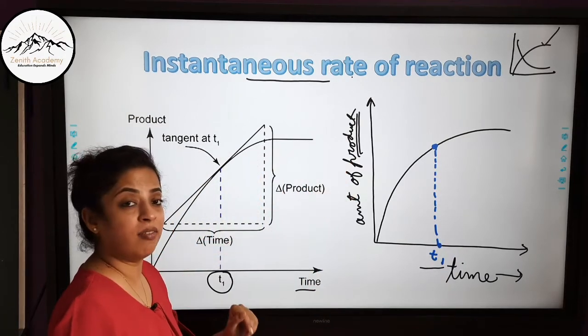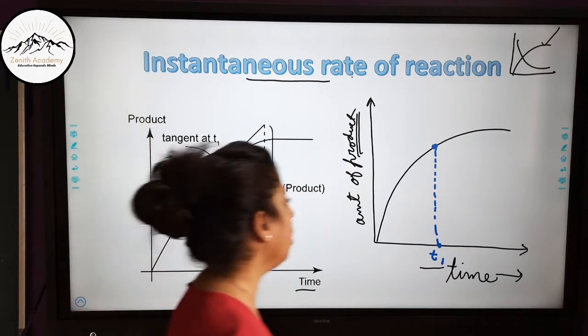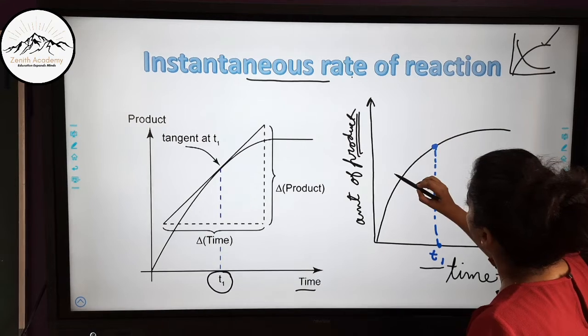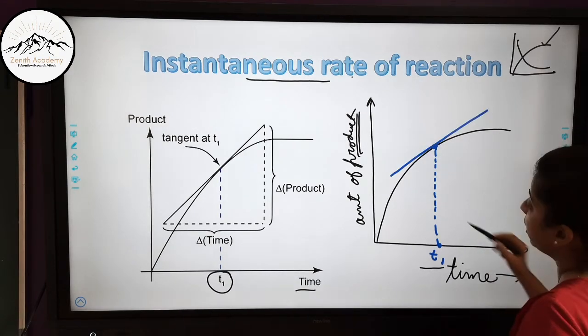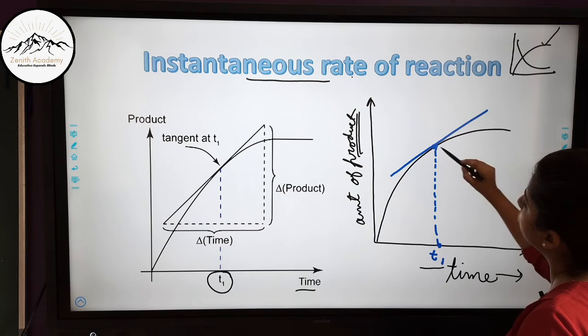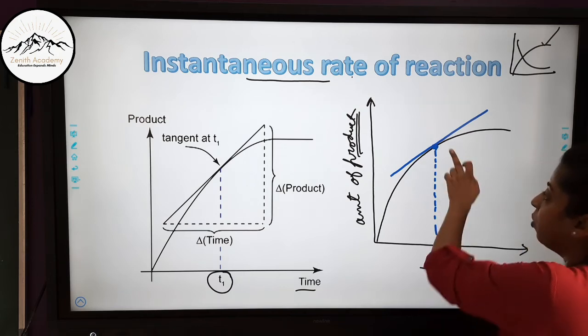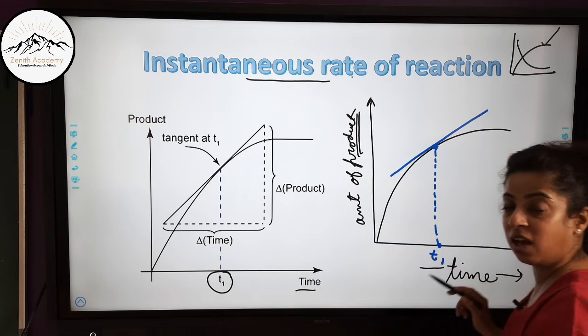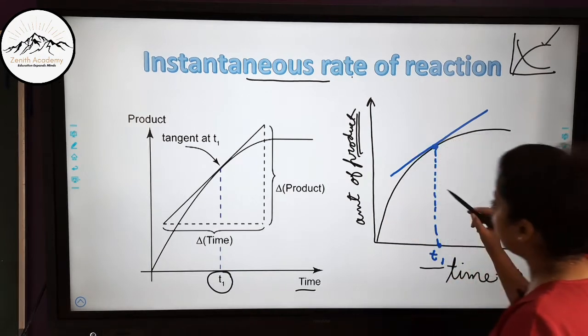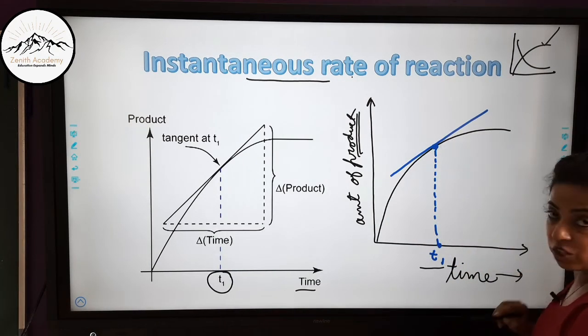At this point I will draw a tangent. You all know what a tangent is. A tangent is a line which touches the curve at one single point, like on an arc or a circle.